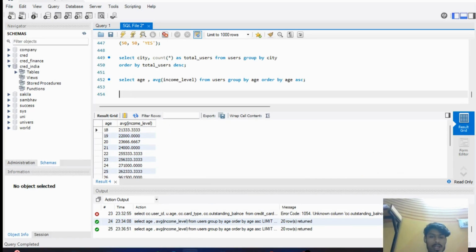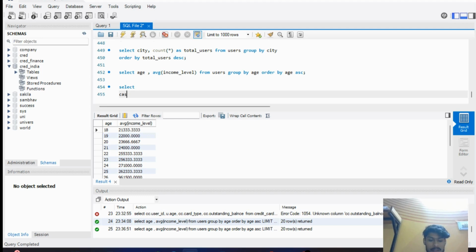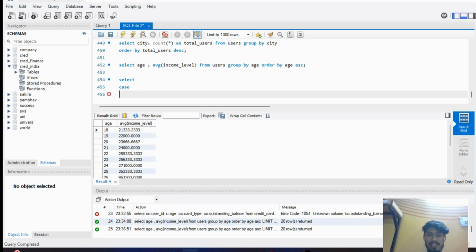In this query, we have to use the CASE function. So let's start the query. First of all, select, then case. Then we write the statement: when age between 18 and 24, then.